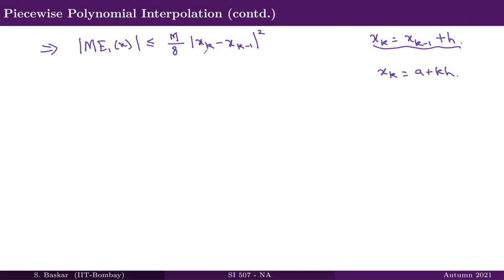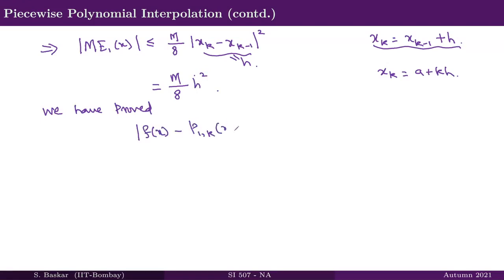Therefore, this is equal to h, and that I will put in to get M by 8 into h square. So recall that we have proved mod f of x minus p1k of x is less than or equal to M by 8 into h square for all x in the interval [xk-1, xk].